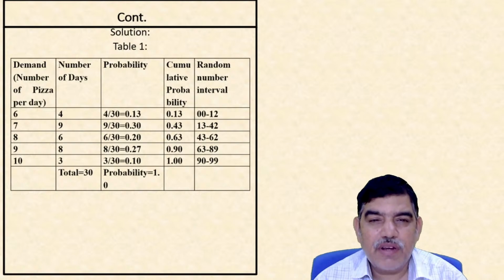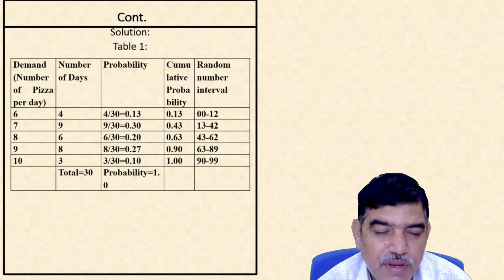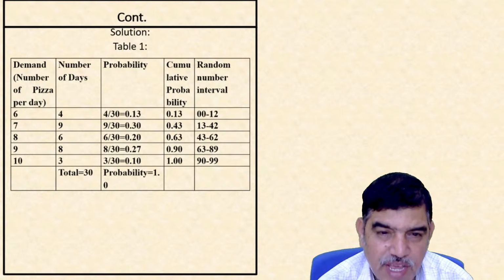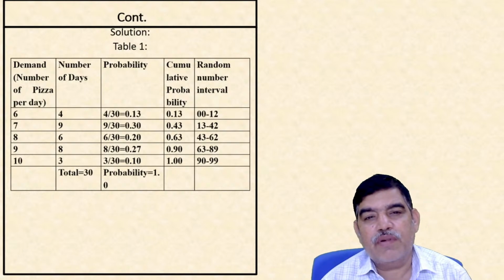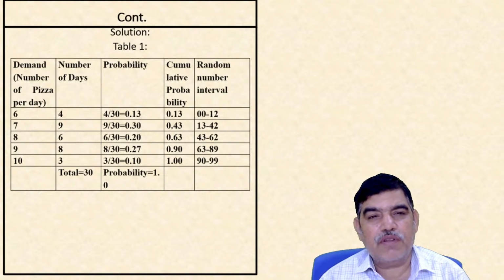Then the random number interval. It is very important. That is the tag numbers, or we have to generate the random number interval. Depending upon the cumulative probability, the random number intervals can be generated.